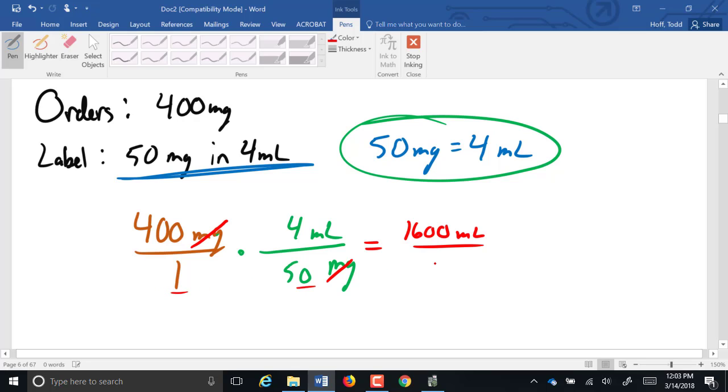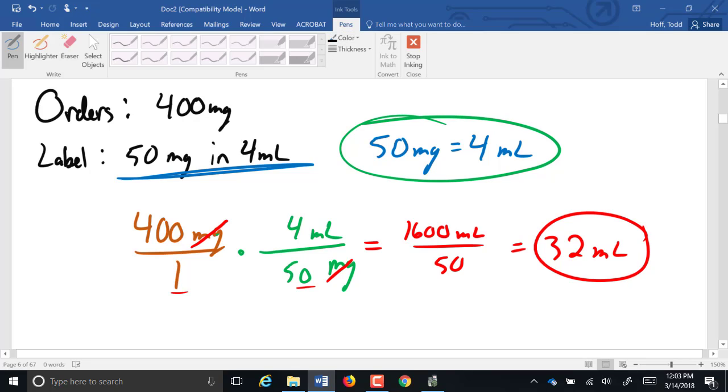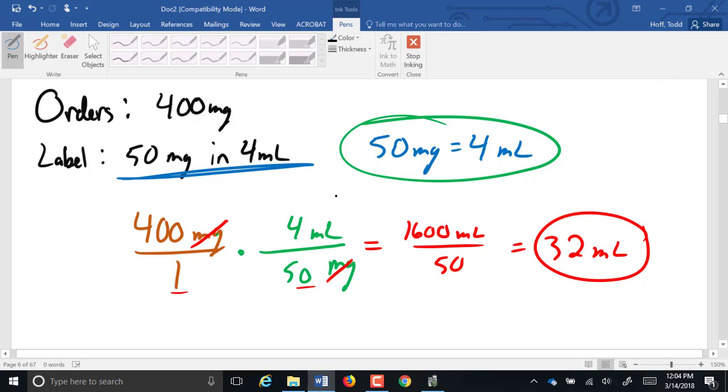On bottom, 1 times 50 is 50. That divides out to give us 32 milliliters. So obviously we're getting the same answers for all three of these methods, which is good. No matter what method we use, we should get the same dosage. But it's a matter of which one is easier to use.